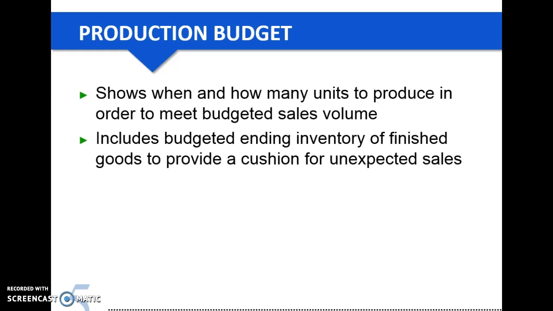So the ending inventory of every month or every period must be added to the budgeted sales in units. Note another important point: the production budget will always be prepared only in terms of units. It is not in dollar or dirham. A production budget is prepared in units based on how many units a company will sell.